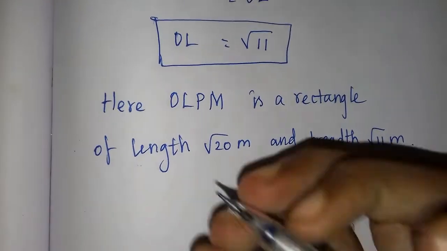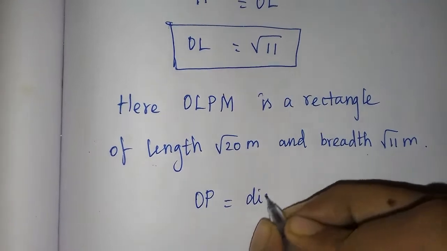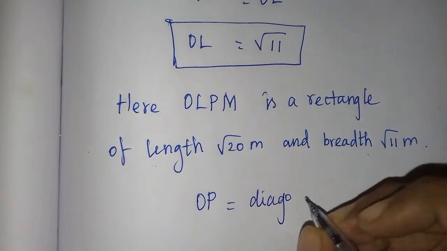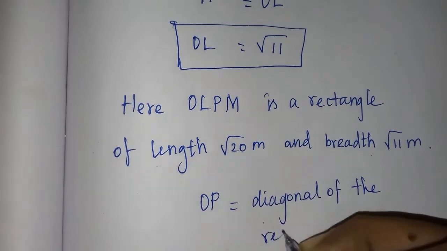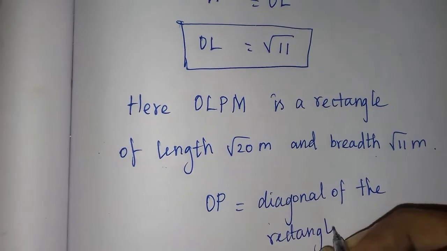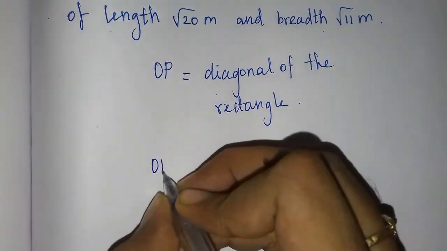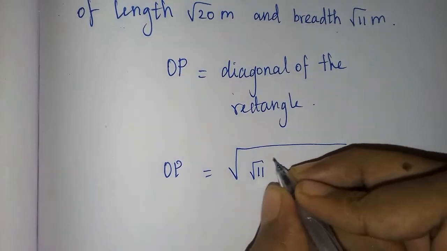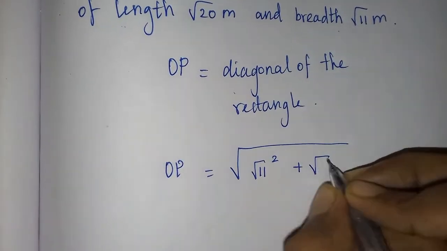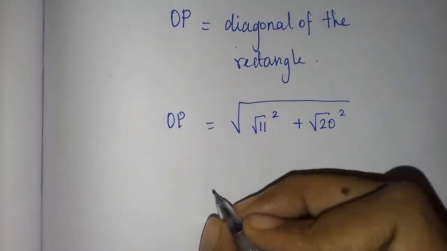Okay. Now what we have to find is OP. OP is the diagonal of the rectangle. How will you find the diagonal of the rectangle? OP is equal to root of root 11 square plus root 20 square. This is the formula to find the diagonal.